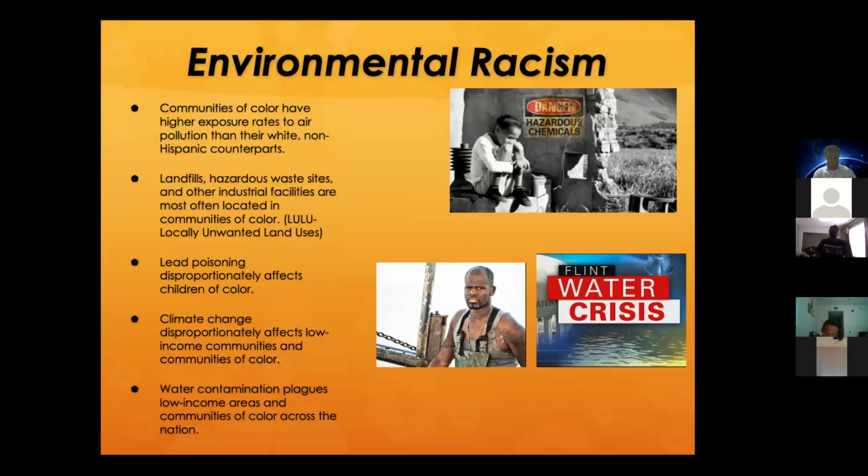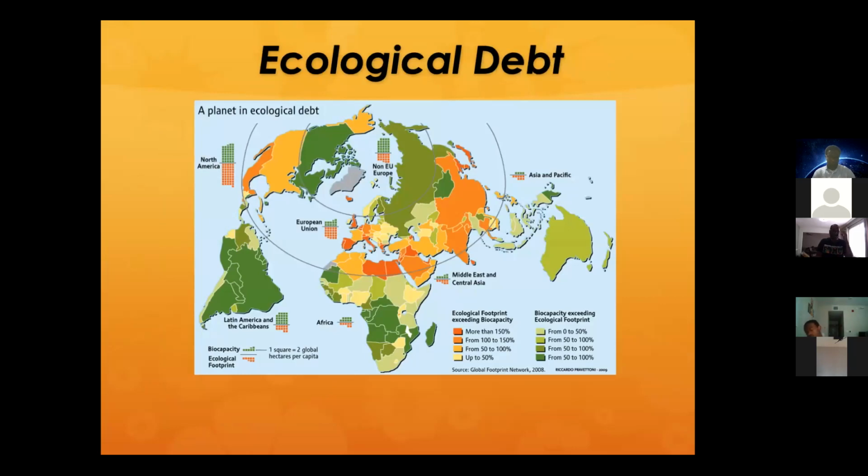The phenomenon of environmental racism, right? We know communities of color have the highest exposure rates to air pollution, lead poisoning, and climate change disproportionately impacts them. All of this stuff I'm sure people in this talk are very familiar with, right? We talk about development and ecological debt, that all people don't consume, right?